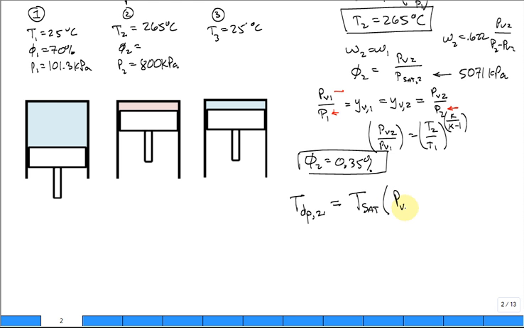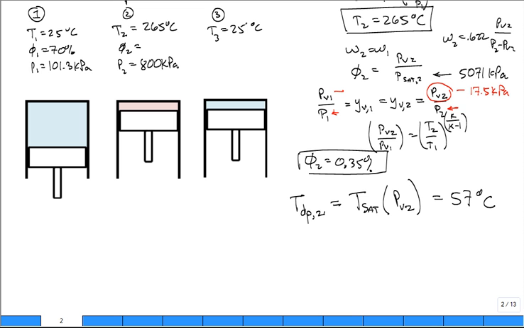What is that vapor partial pressure at state 2? That was this one right here that you calculated. And that vapor partial pressure at state 2 is 17.5 kilopascal. And when you look up the saturation temperature at 17.5 kilopascal, you find that the dew point temperature is 57 degrees C. So I'm going to cool it.